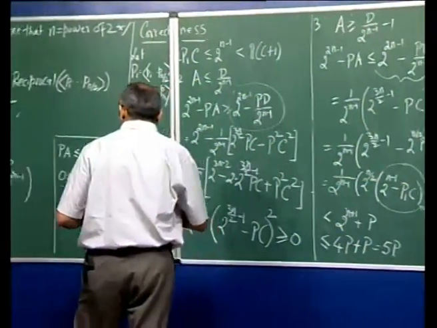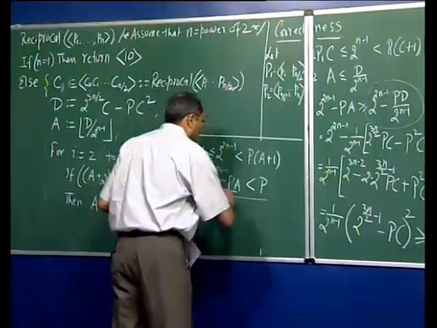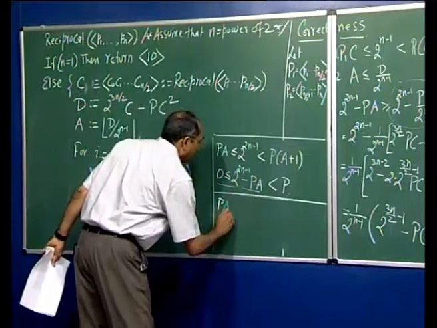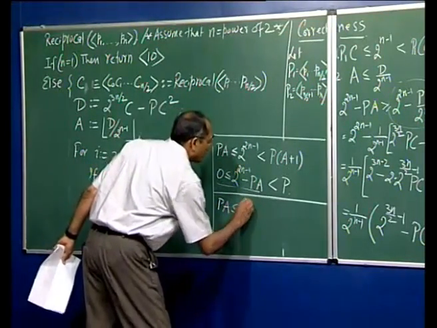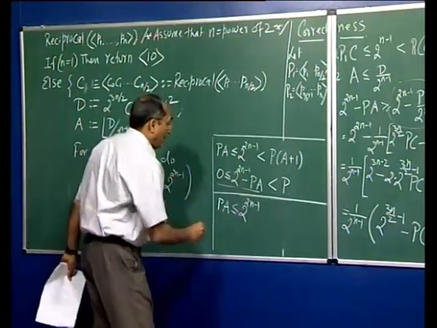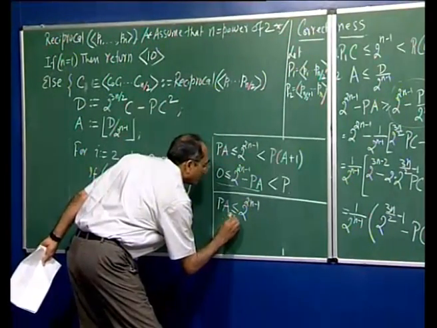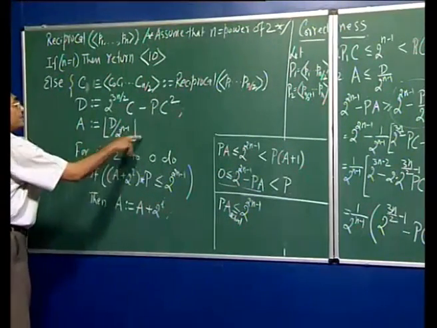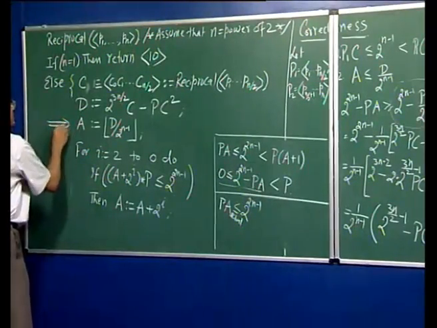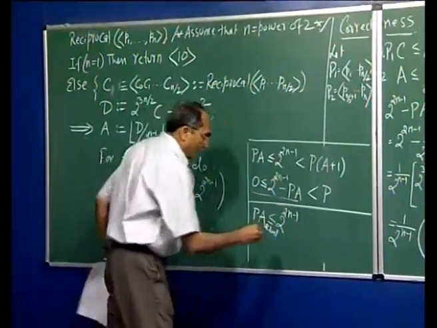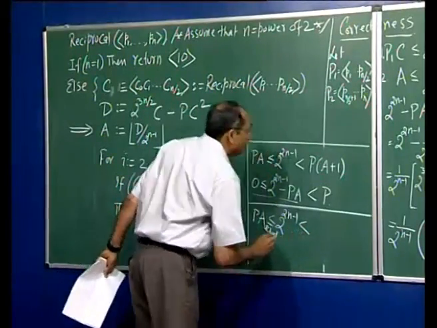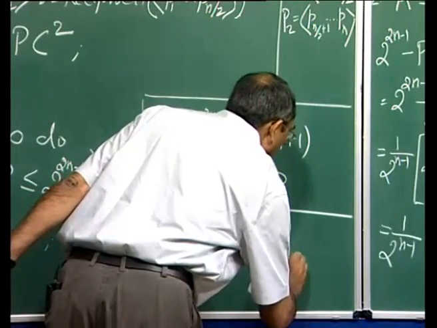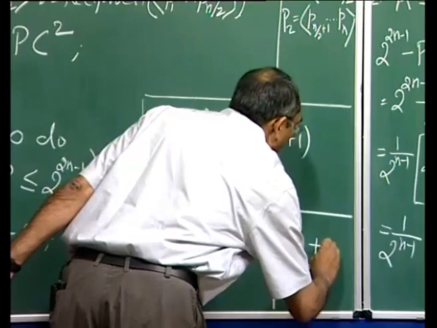So, we have ended up showing that the actual value computed in this step, which I am calling A actual, is less than P times A actual plus 5.